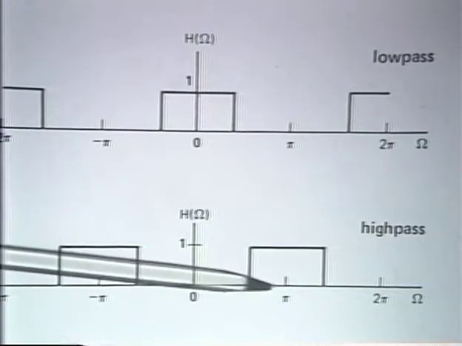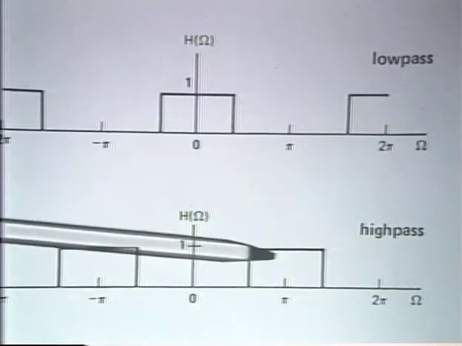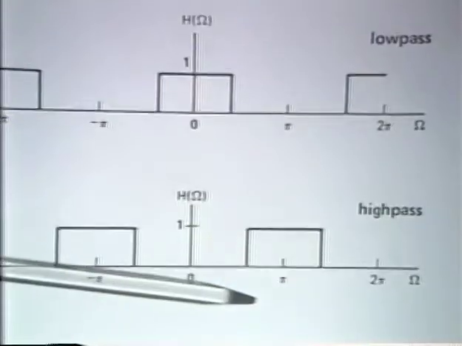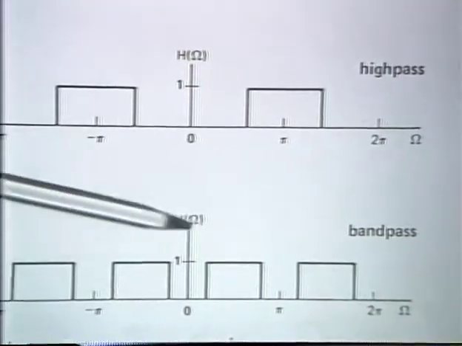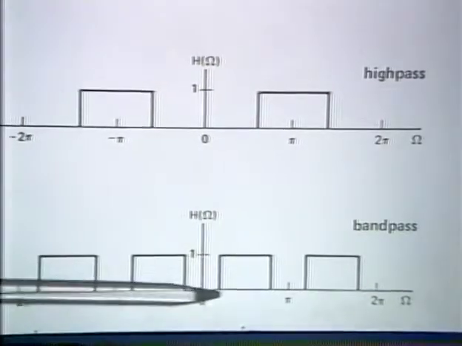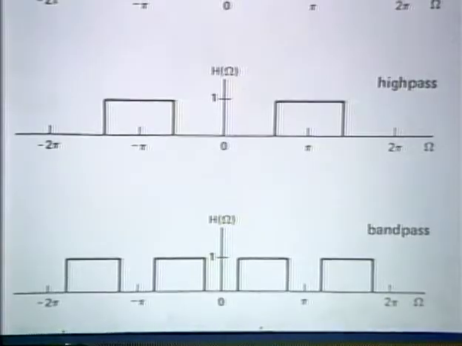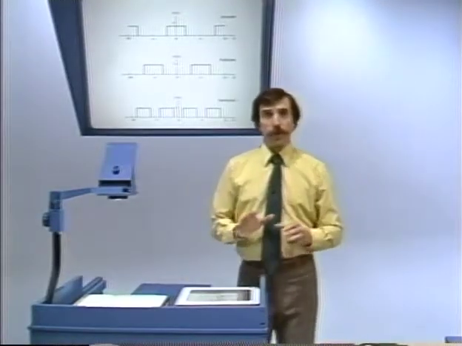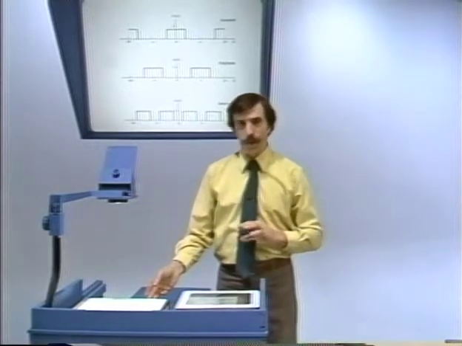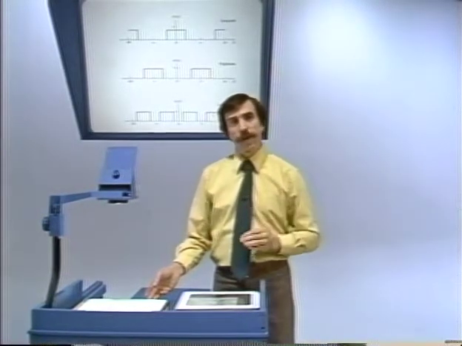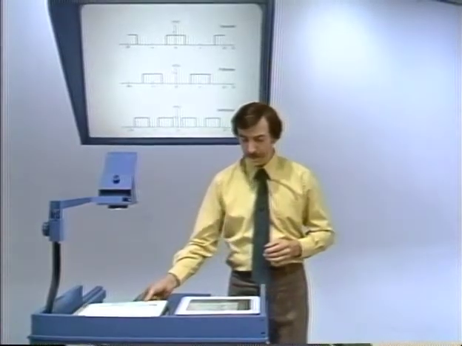And a high-pass filter, as I indicated last time, passes frequencies around pi. And finally, below that, I show an ideal bandpass filter, passing frequencies someplace in the range between 0 and pi. And recall also that the basic difference between continuous time and discrete time for these filters is that the discrete time versions are, of course, periodic in frequency.